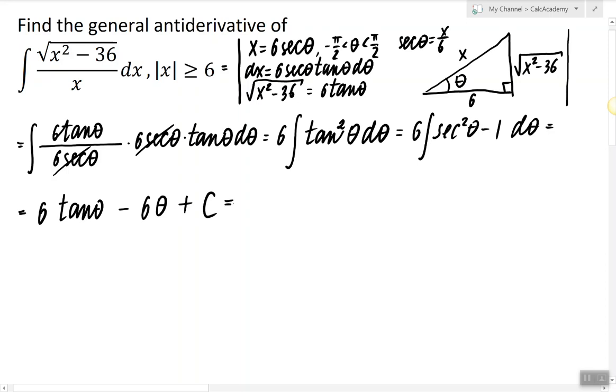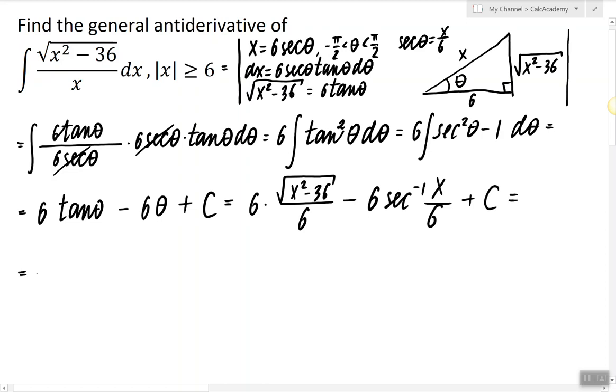And now we have to go back to the original variable x, and using the triangle we can easily conclude that tangent theta is equal to the opposite over adjacent, so square root of x squared minus 36 over 6, and we get minus here 6 theta, and theta will be secant inverse of x over 6, of course, plus c.